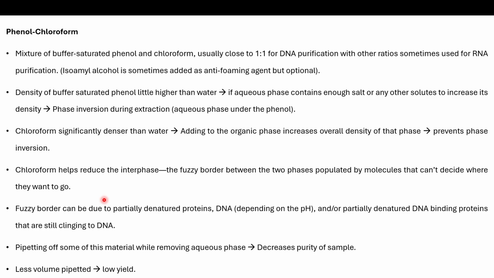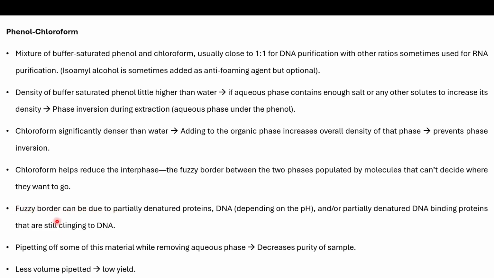But suppose some big protein molecule hasn't denatured completely, so it is not able to really decide where to go. Okay, like DNA binding proteins which are partially denatured can also stay in that fuzzy border, which is also called the interface.